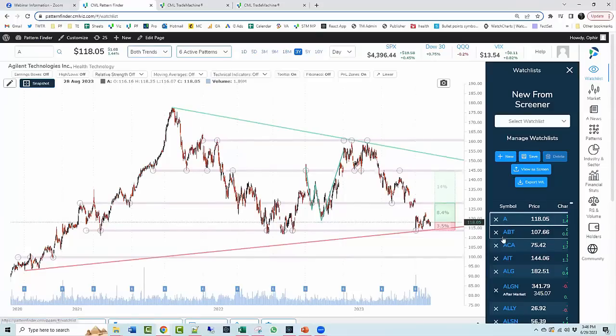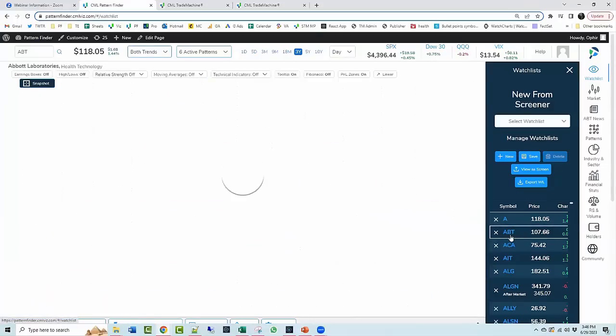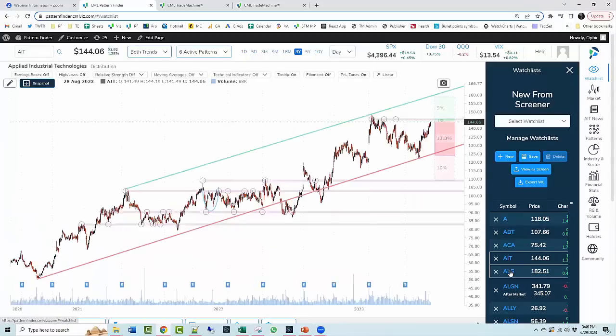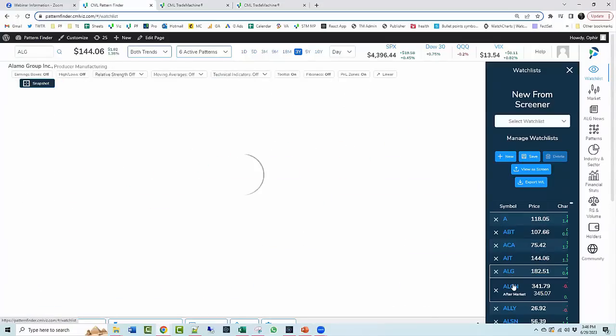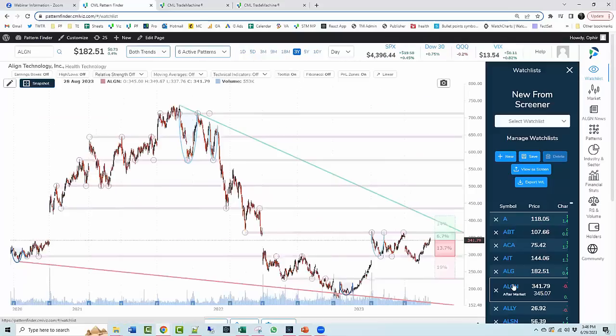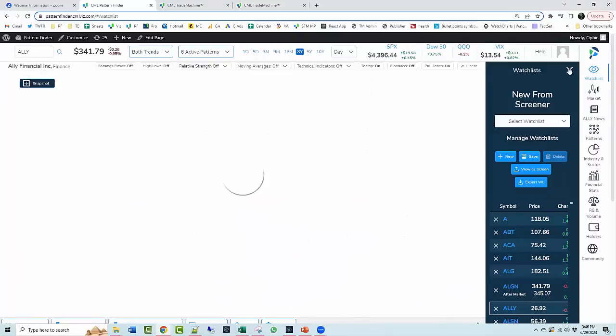So we can go through each chart. If you want to, don't worry, I'm not going to do it. But you can go through each chart, wait until you find one you want, knowing full well that what you have now is return distribution characteristics on your side. Looks like ALGN is up after hours, by the way. Right? So that's how you would do it.